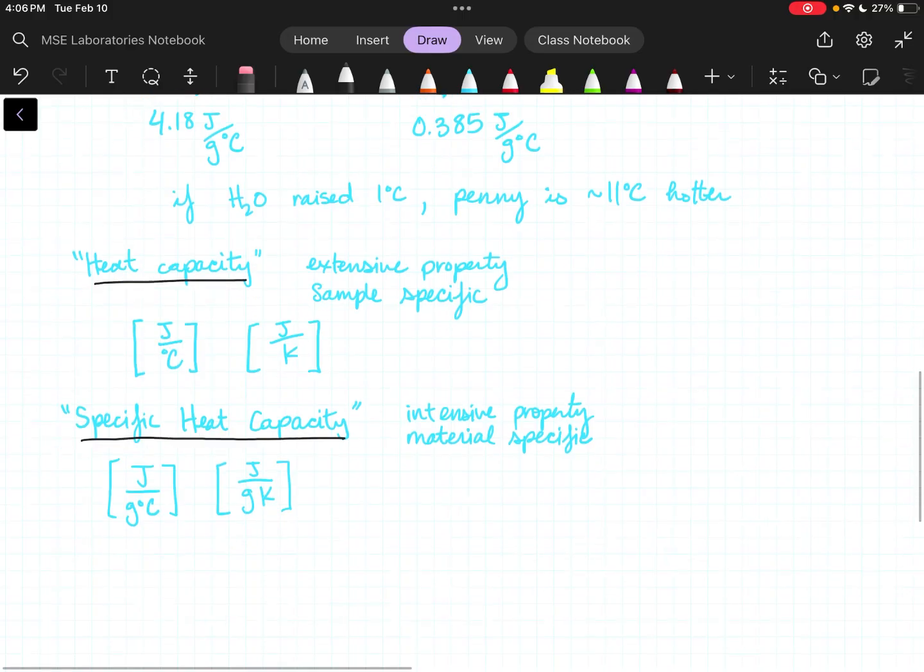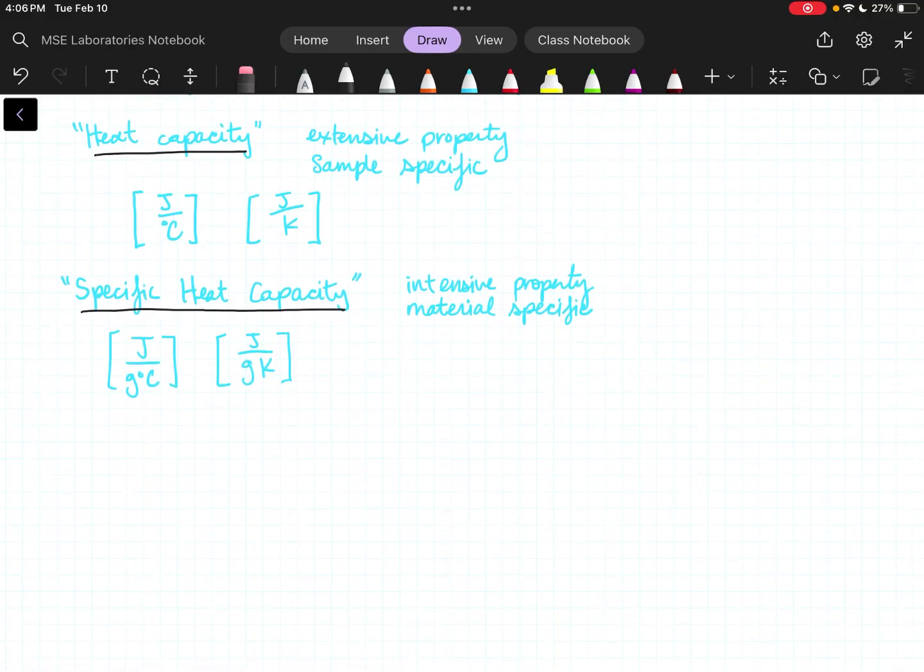Specific heat will often change when a material changes phase. So when water turns into steam, water and steam have different heat capacities, specific heat capacity in this case, because I'm talking about a material, not an item.